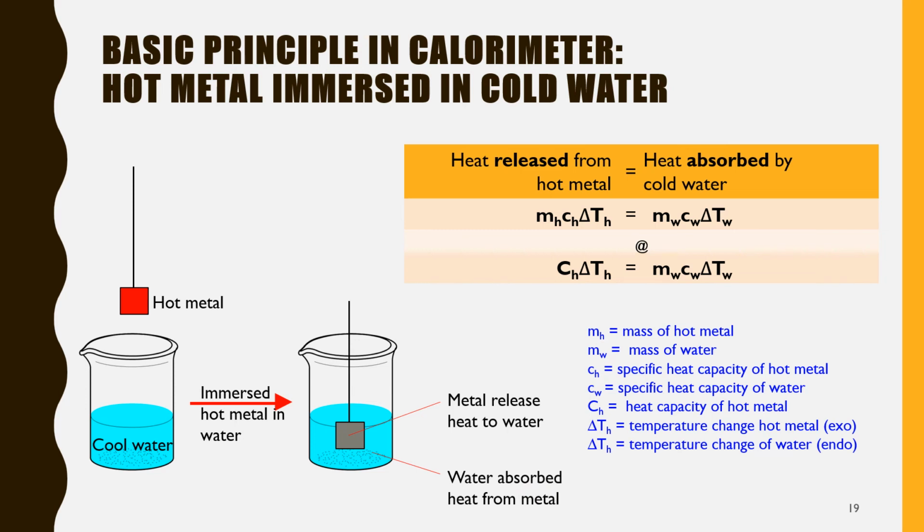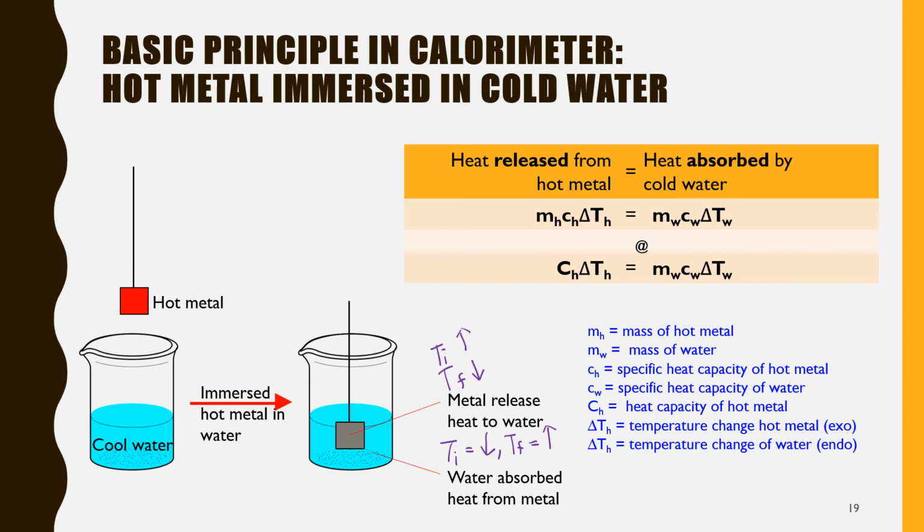Okay, so untuk metal, initially, T initialnya adalah high. So bila kita immerse the hot metal ke dalam cold water, T final of the metal will decrease. Tetapi terbalik dengan water, so water temperature initial adalah rendah because it is cold. Okay, but when we immerse the piece of hot metal ke dalam cold water tadi, water will absorb heat from the metal. So T final of the water tadi akan meningkat.